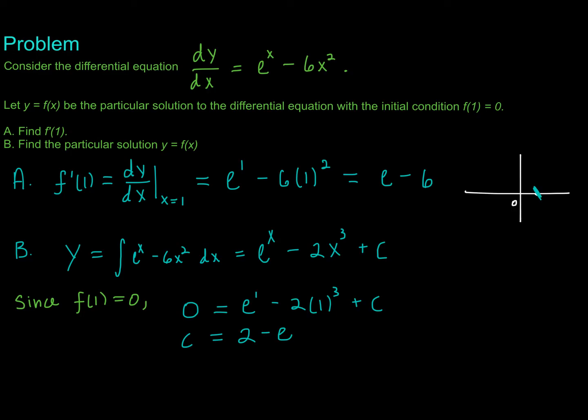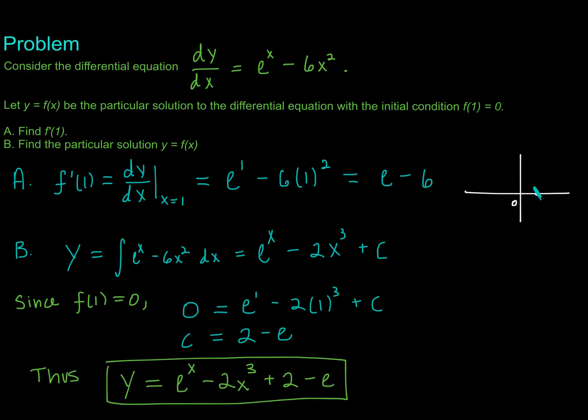Now, if I put these two pieces of information together, I take my general solution that I already found, and the fact that c must be 2 minus e, I can combine them to write my particular solution, which must be y equals e to the x minus 2x cubed plus 2 minus e, as I have written right here.